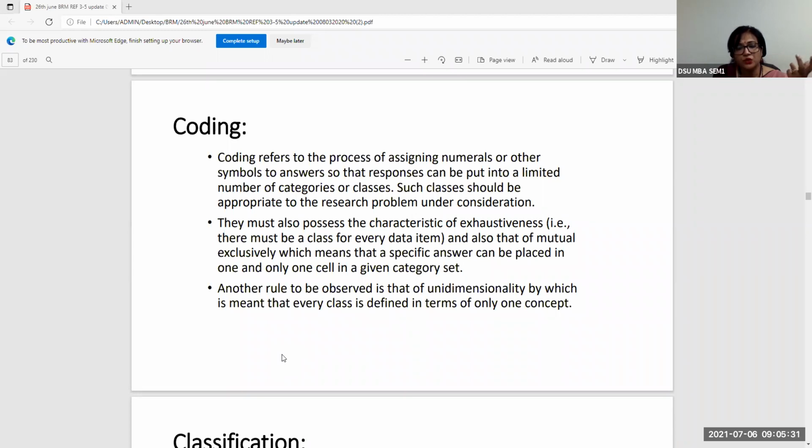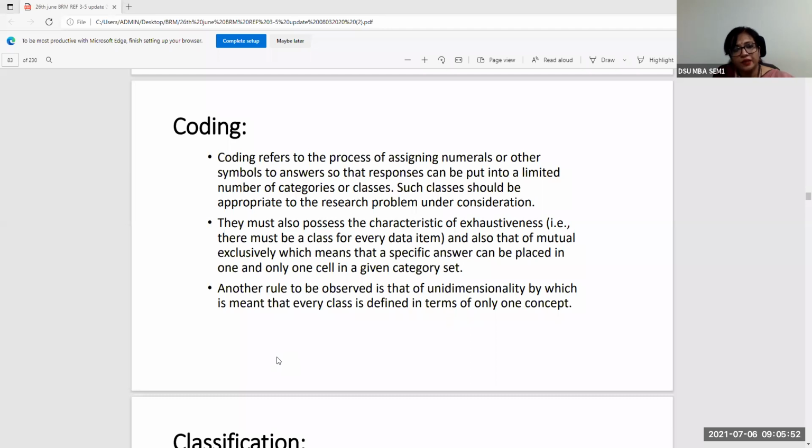But if it's something to do with age, you could have 4 or 5 categories, in case you are collecting the data categorically and not the actual age of a person. If you have 5 categories of age, then each category can be given a number, 1 to 5, for coding.